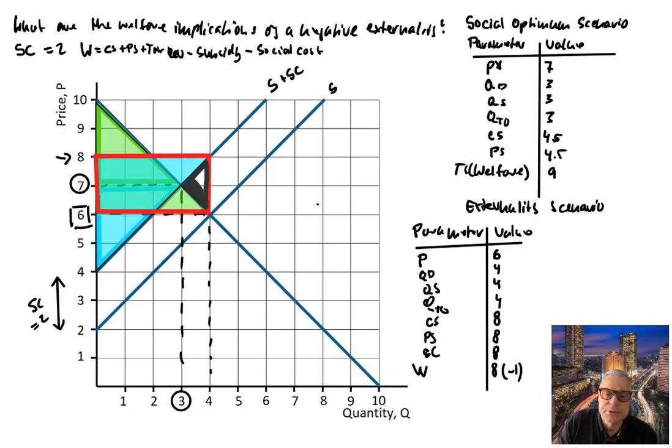So this black triangle, that is a deadweight loss, which is again the result of an inefficient overproduction, because on the supply function you see beyond the social optimum, which is at a quantity of 3, we have only consumers left whose willingness to pay is much less than the true cost of production.